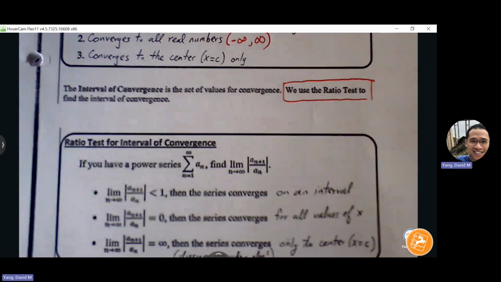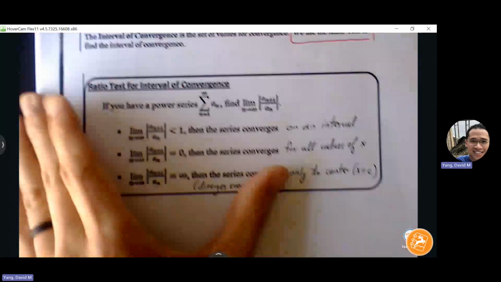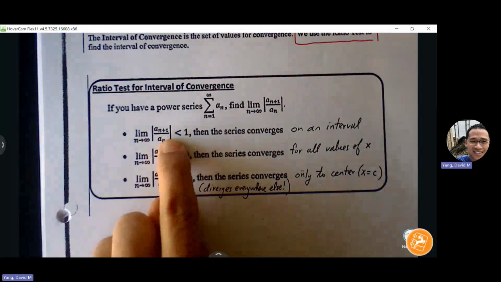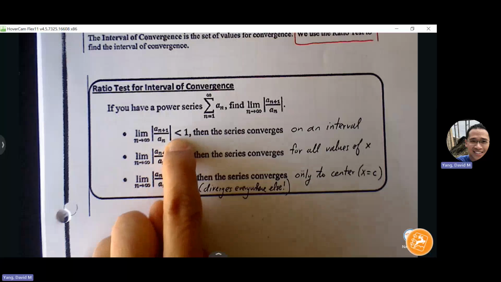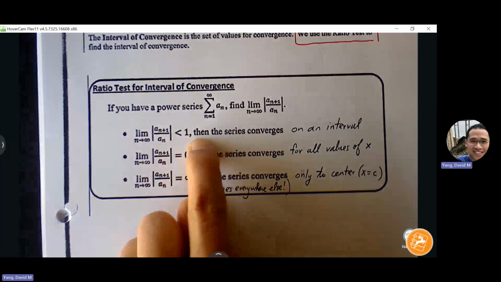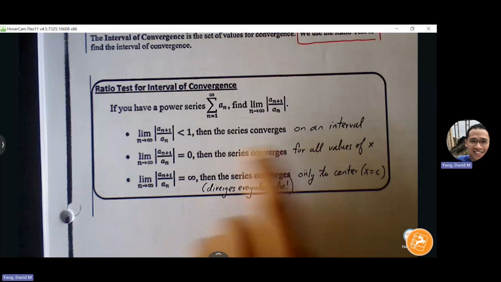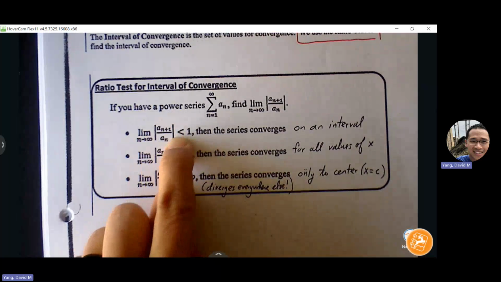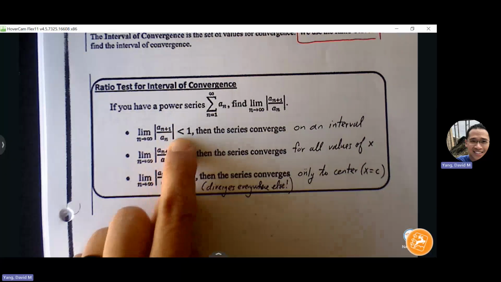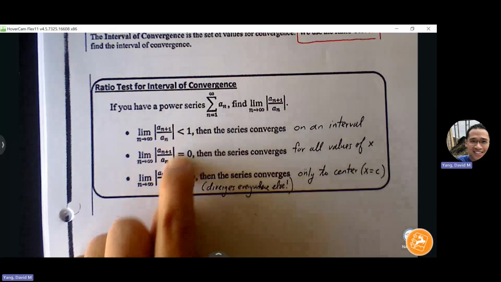So basically, we're going to set everything up like what we've seen before. We're going to evaluate the limit, and if our limit is less than one, then our series will converge on an interval. This will be where we have all the n's canceled out, and we have something like absolute value of x plus 3 is less than 1, then we can solve for x.